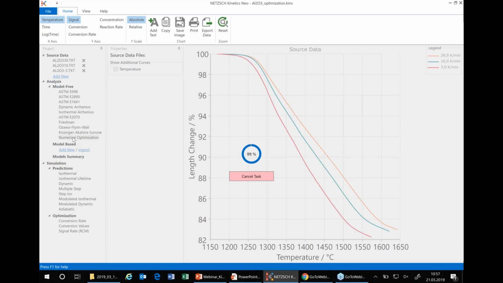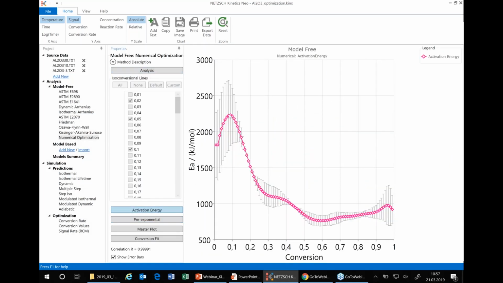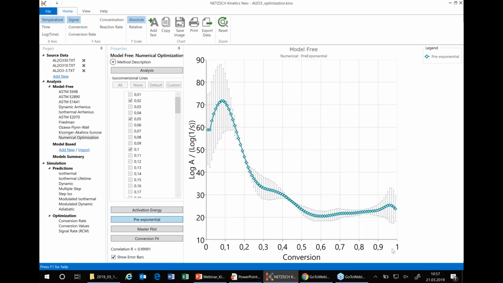Let's see here. For the dilatometer measurement, activation energy changed from 2,200 kilojoule per mole to 700 kilojoule per mole. Pre-exponential factor from 70 to 20.